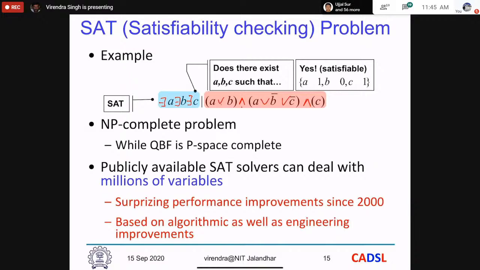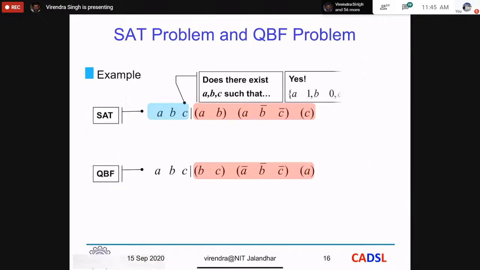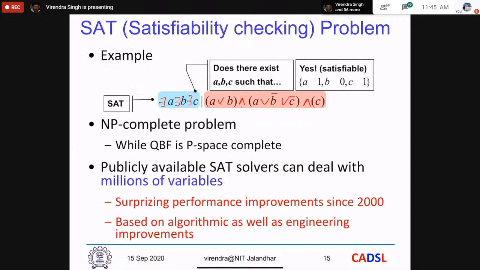If you are from computer science, people like to use this kind of mathematical notation. If you are from electrical or electronics engineering, people prefer to write (a plus b), (a plus b bar), plus c bar dot c, like this.